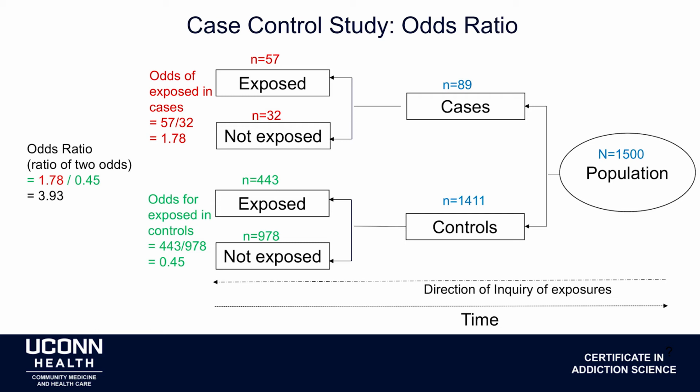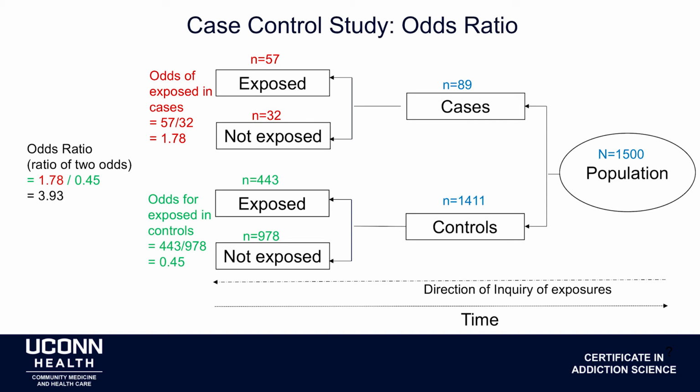We did a chart review. We found out 57 of them were exposed to a risk factor, and 32 weren't. And in the control group, there are 443 exposed to that certain risk factor, and the remaining weren't.